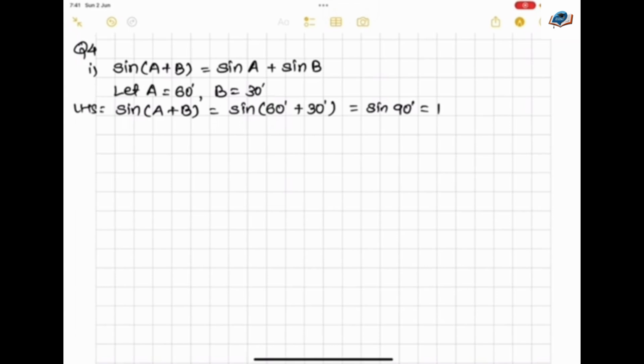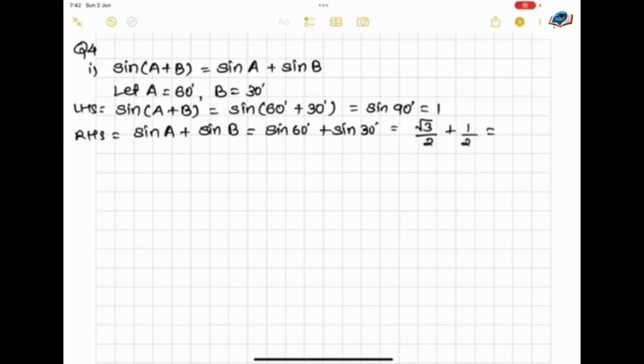So LHS I have solved. Now let us solve RHS. So sin A plus sin B. So that will be sin 60 degree plus sin 30 degree. So that is equal to sin 60 is root 3 by 2 plus sin 30 is 1 by 2. So root 3 plus 1 whole upon 2. So therefore LHS is not equal to RHS. Therefore it is false.